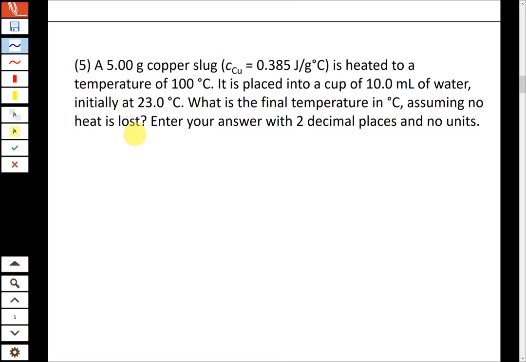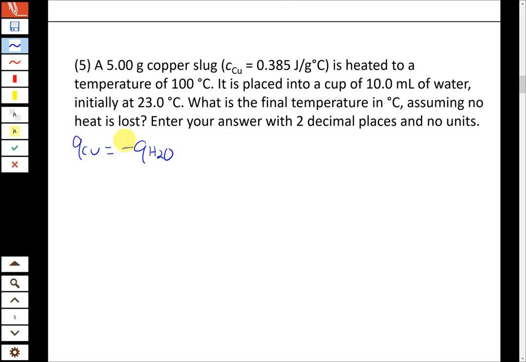So in a problem like this, where we're putting 2 substances together, one of them at a higher temperature, one of them at a lower temperature, there's going to be heat transfer between those 2 things. And essentially the heat for one substance is equal to the negative of the heat for the other. So they're going to transfer an equal amount of heat between each other, but one of them is going to be losing heat, one of them is going to be gaining heat, so they're opposite in sign.